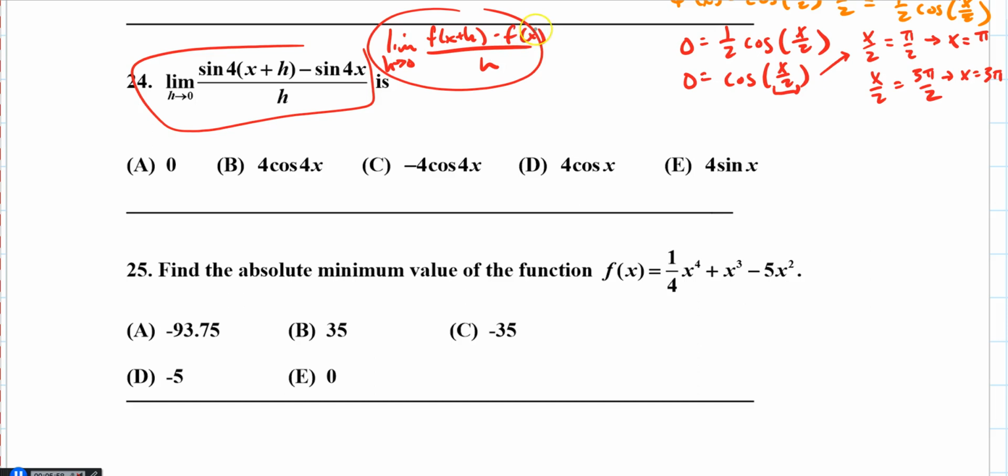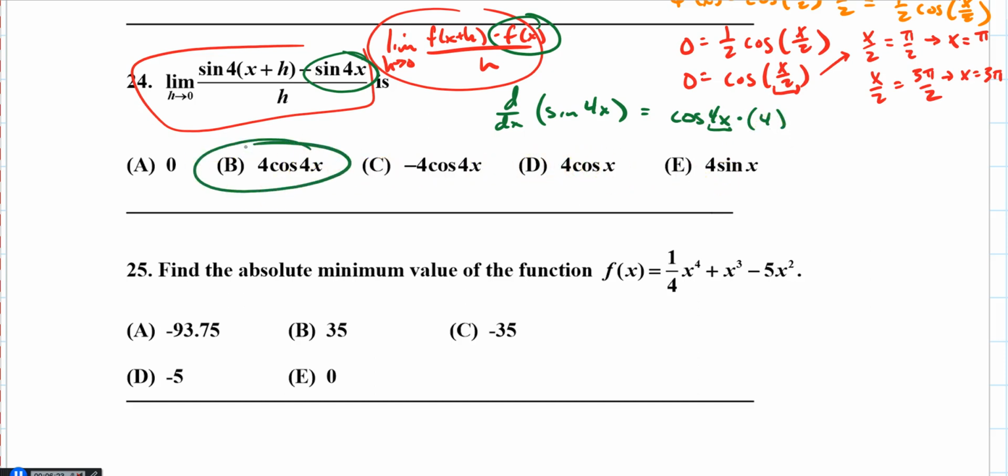Well, there's my f of x function. So all I need to do is take the derivative of the sine of 4x, and I'm done. The derivative of sine of 4x is cosine of 4x times, using the chain rule, the derivative of 4x, which is just 4. So I'm left with 4 cosine of 4x, which is b.